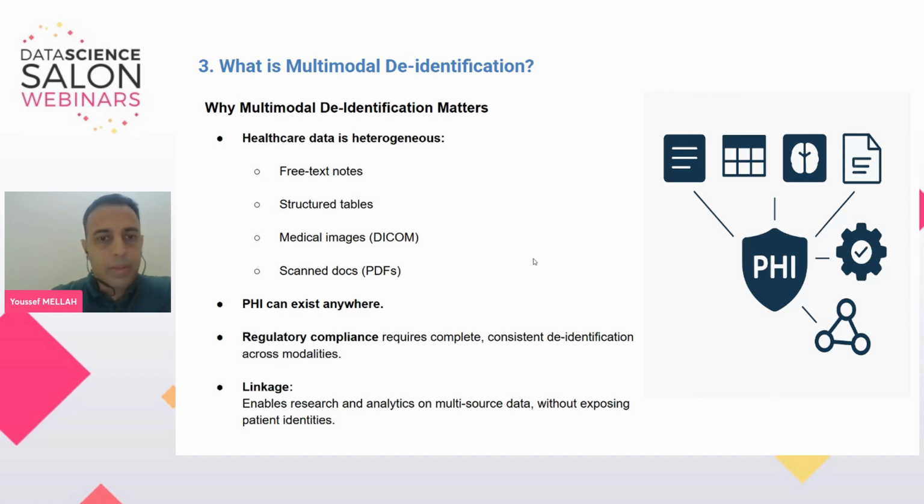The same regulatory compliance requires complete, consistent de-identification across modalities. And also, we need to keep the linkage between the data or the obfuscated PHIs. So this will enable research and analytics on multi-source data without exposing patient identities.